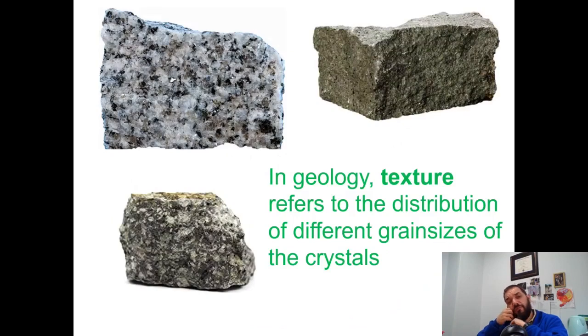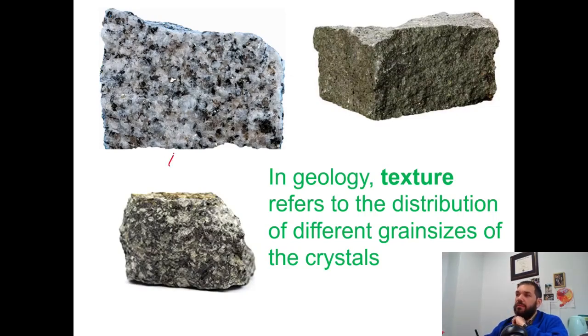Texture actually refers to the grain size distribution of the crystals in the rock. What does that mean? Well, if you look at these different igneous rocks, they have different crystal sizes, and they have different mixes of different crystal sizes. That is the texture.